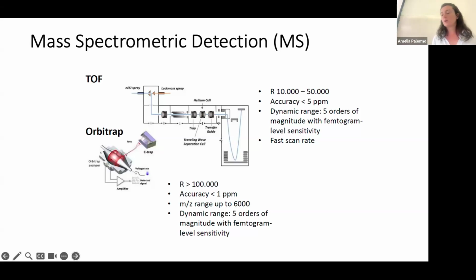We do have, as you can see in the slide, the first part here, that is a quadrupole. You can imagine it as a filter. You can use it to let every ion pass, and that's usually what is happening in global metabolomics.